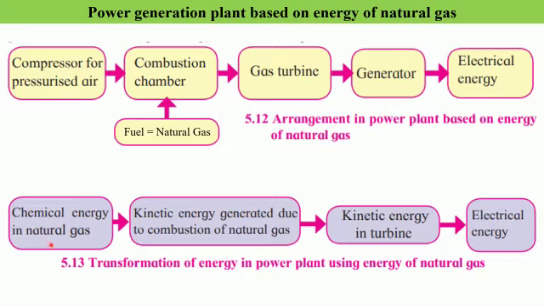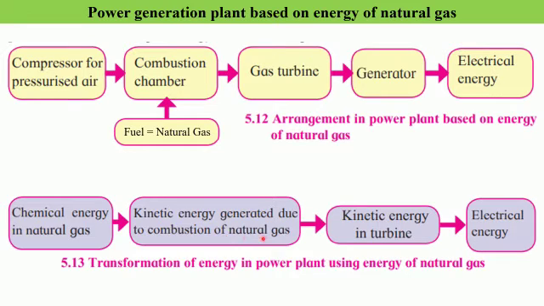So chemical energy in natural gas is converted into kinetic energy generated due to combustion of natural gas. In the combustion chamber, in the presence of compressed and pressurized air, natural gas starts burning, and it is then allowed to pass through the gas turbine, which starts rotating.